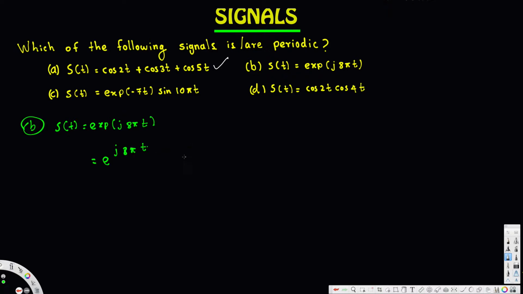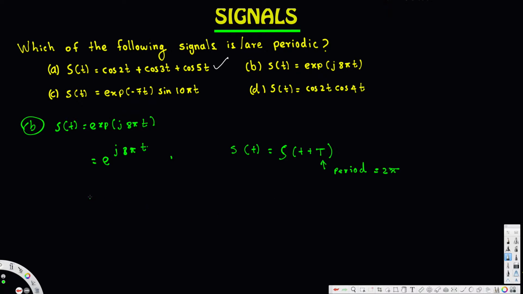Now what we are going to do is write this as s of t equals s of t plus T. Let's call this T, our period, and let's put 2π for this one. Period is equal to 2π.